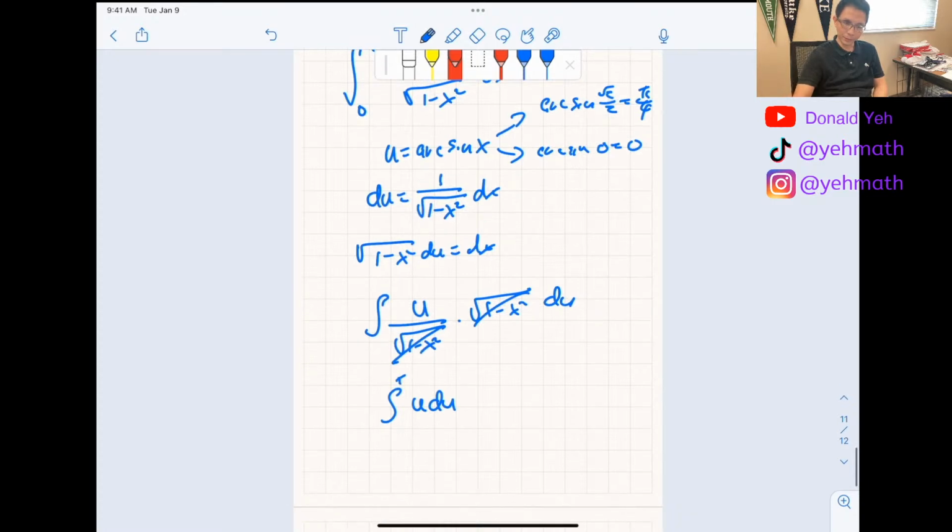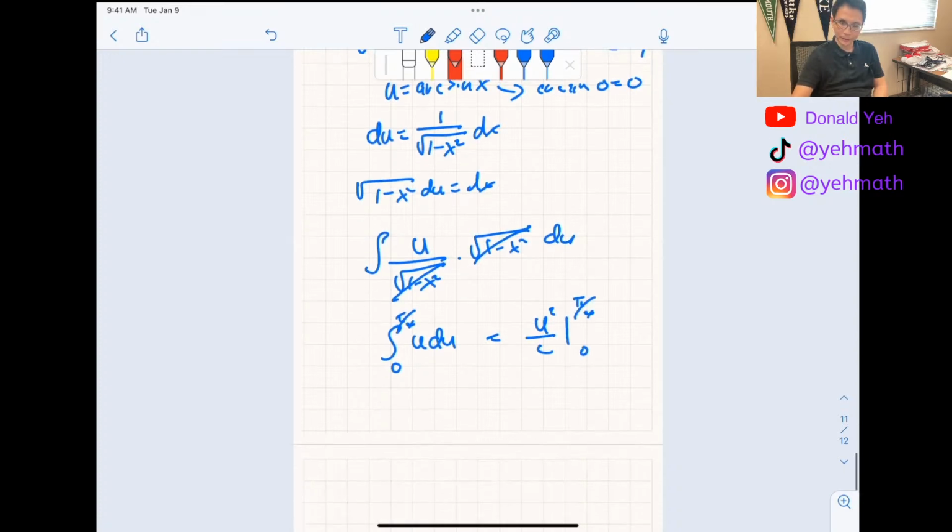So it'll be pi over 4 to 0. That's equal to u squared over 2, from pi over 4 to 0. So it'll be pi squared over 16 times 1/2. So it'll be pi squared over 32.